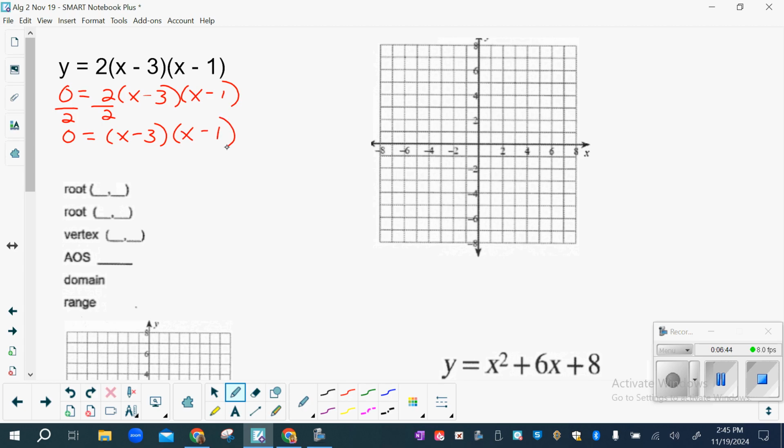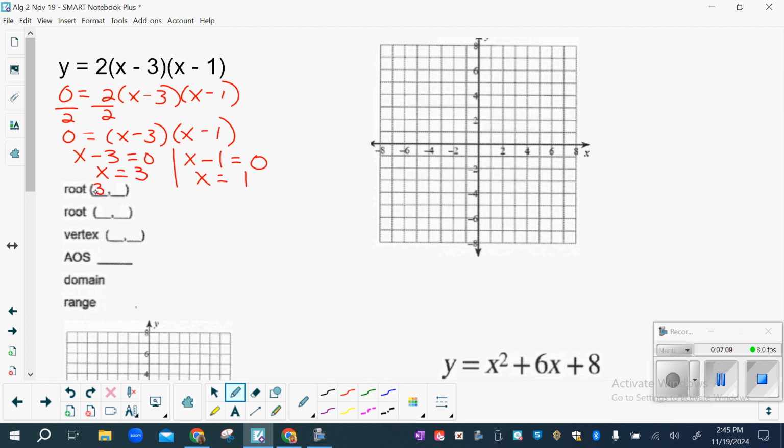And then, what do we do next? Good. So we get x equals 3 and x equals 1.